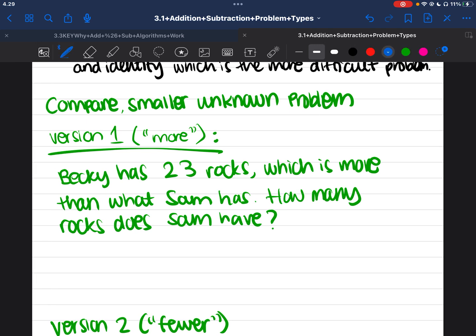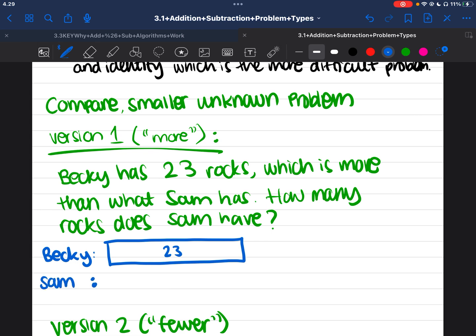So yeah, draw it. Again, I'm not about to draw 23 rocks, y'all. So I'm gonna do a number strip. 23 for Becky, and that is wonky. Whoa, I don't like that. Okay, 23 for Becky, and then Sam.